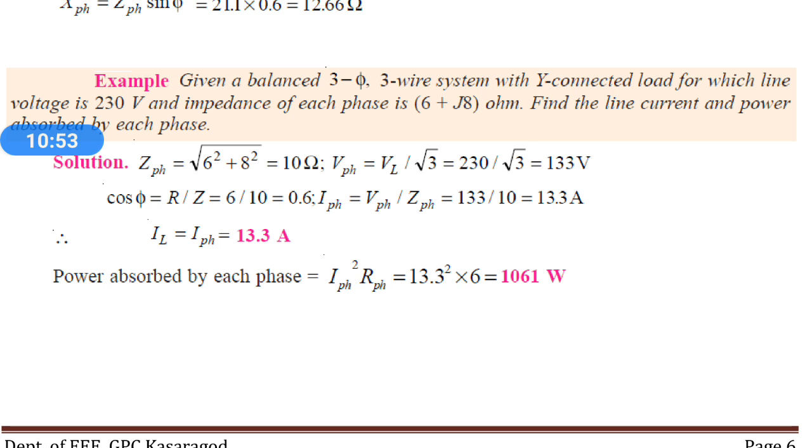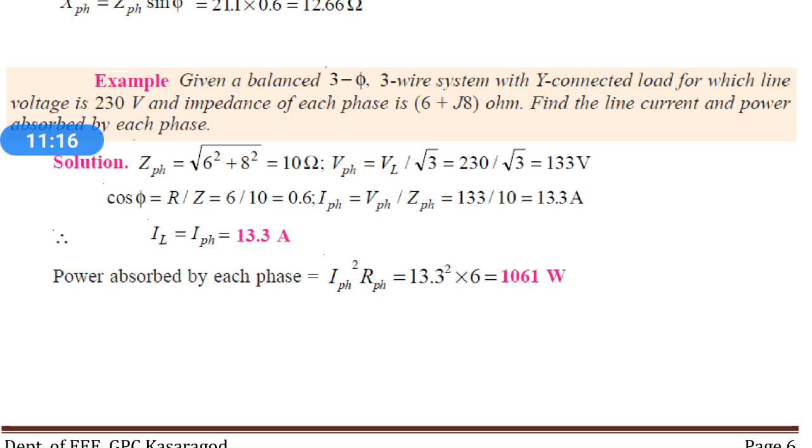So per phase impedance is given, Z equal to 6 plus j8. Here 6 is the resistance R and 8 is the XL. So Z phase equal to root of 6 square plus 8 square, which is 10 ohm.